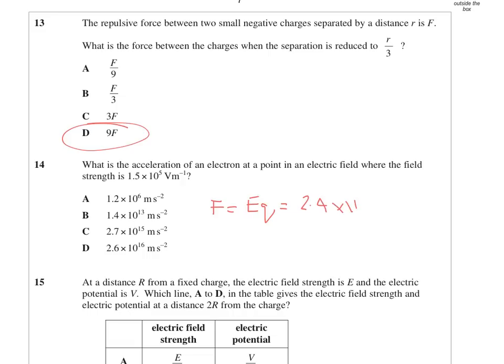That's 2.4 times 10 to the minus 14 newtons, which is divided by the mass of an electron, which is in the formula sheet, and that would give you an acceleration of 2.63 times 10 to the 16 meters per second squared, which is this one here.